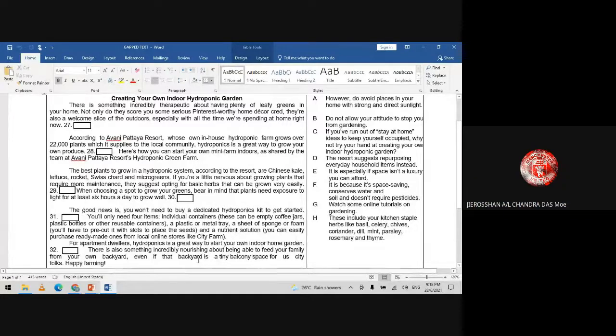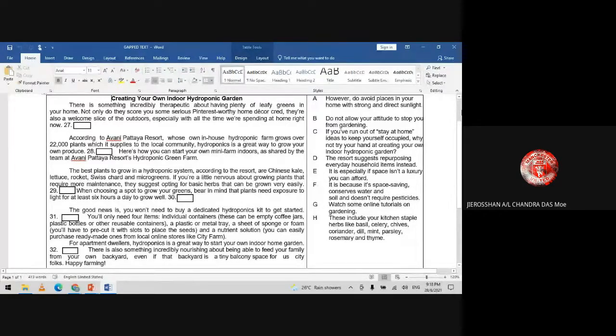A, however, do avoid places in your home with strong and direct sunlight. B, do not allow your attitude to stop you from gardening. C, if you run out of stay-at-home ideas to keep yourself occupied, why not try your hand at creating your own indoor hydroponic garden? D, the resort suggests repurposing everyday household items instead.